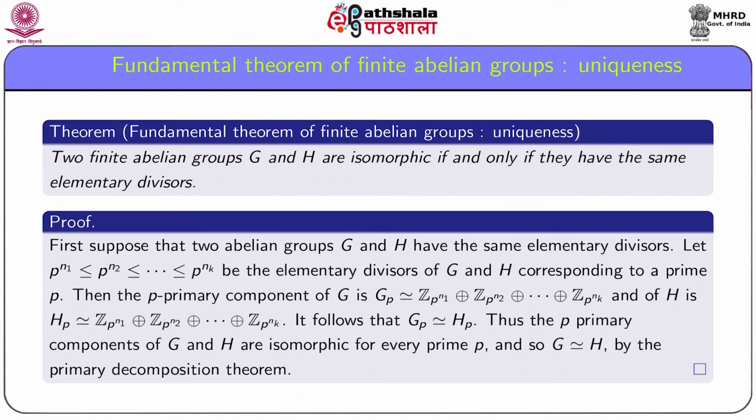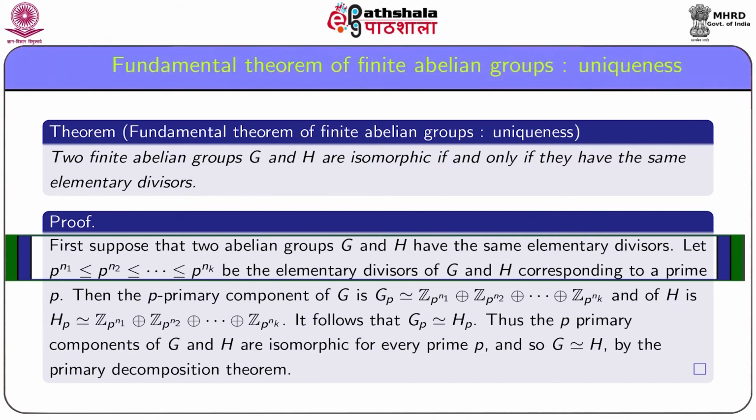Now let us come to the main theorem, that is, the fundamental theorem of finite abelian groups. The statement is: two finite abelian groups G and H are isomorphic if and only if they have the same elementary divisors.